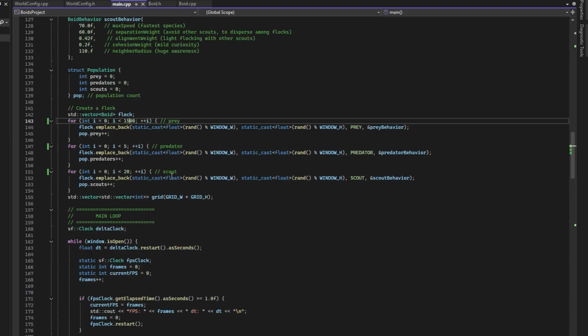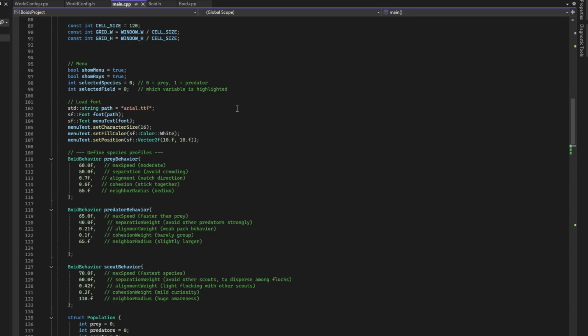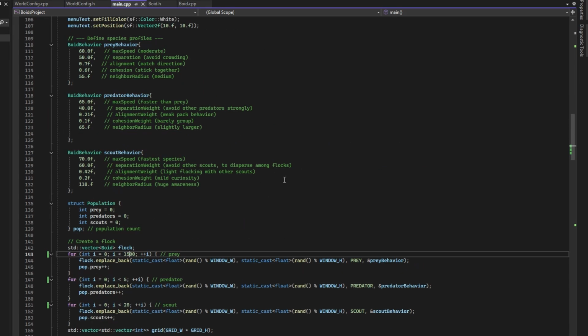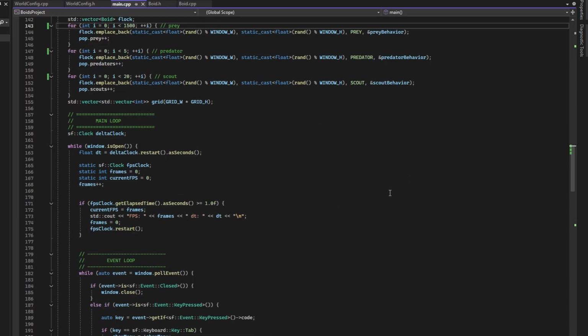So for the largest simulation, I did 1,500 prey, 5 predators, and 20 scouts. The highest I've been able to do with even decent frames per second is maybe about 3,000 Boids total, and I can still get about 40 frames per second. But it took a lot of parallelization of the properties that I could parallelize.